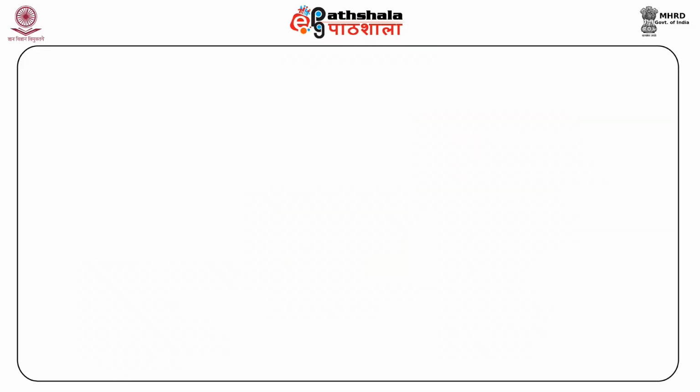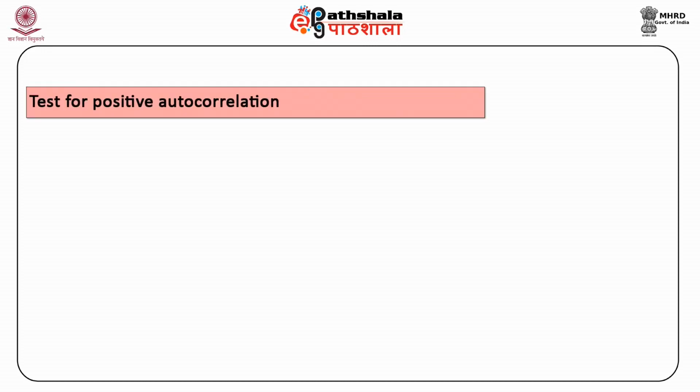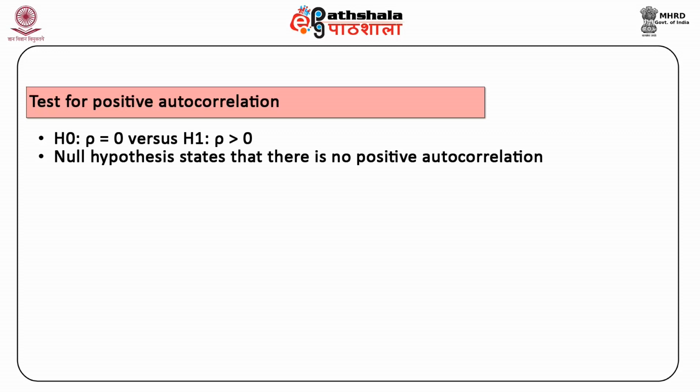The fourth step is to determine whether autocorrelation exists or not, and whether autocorrelation is positive or negative by carrying out the following hypothesis tests. The first of these hypothesis tests is the test for positive autocorrelation. Our null hypothesis now is that rho is equal to 0 versus alternative hypothesis H1, which is rho greater than 0.